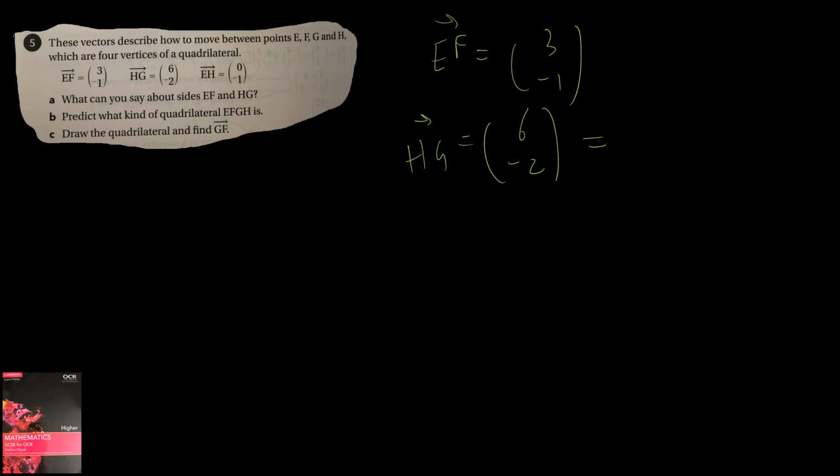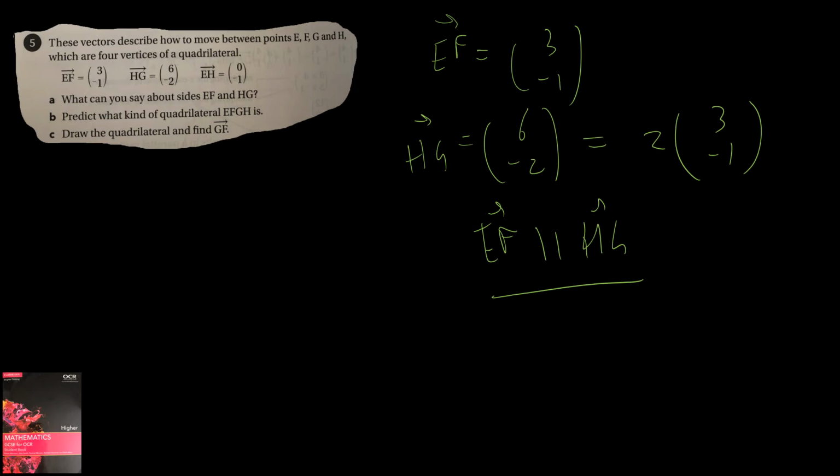I can rewrite that as 2 times (3, -1). So EF is parallel to HG. That's what I can say straight away.